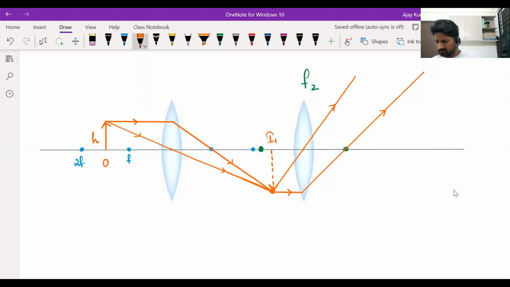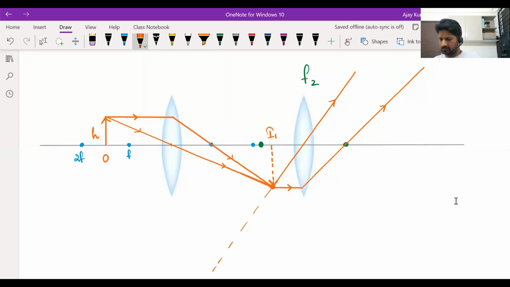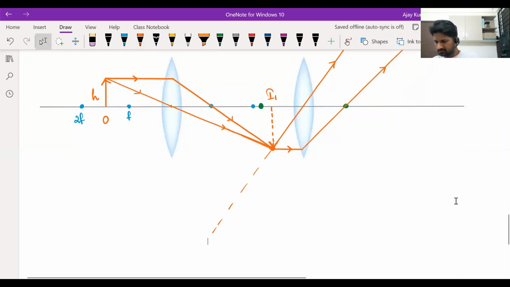So they appear to be coming from somewhere behind. The rays seem to be coming from somewhere here. So this is the final image.